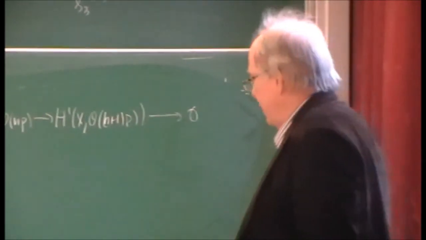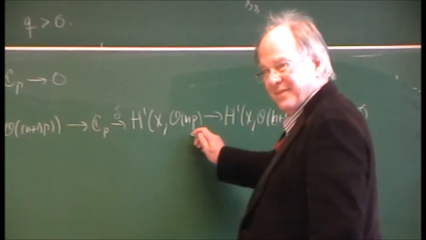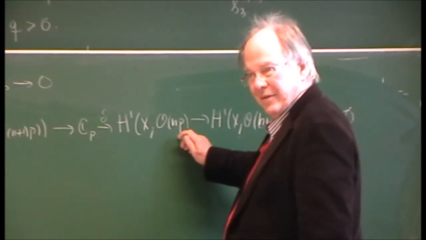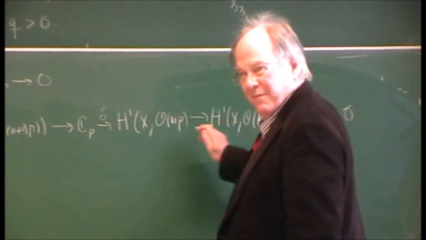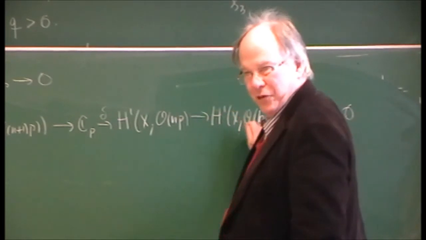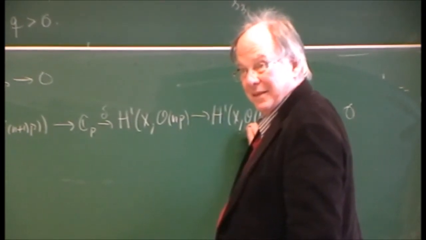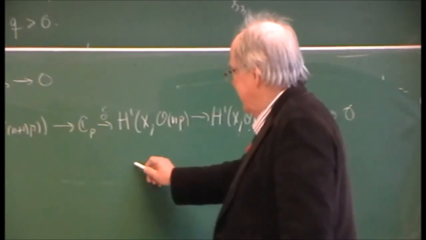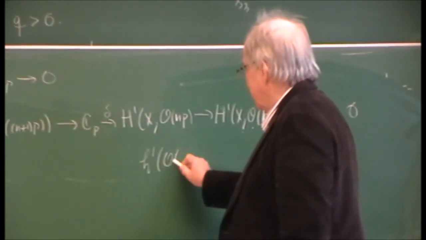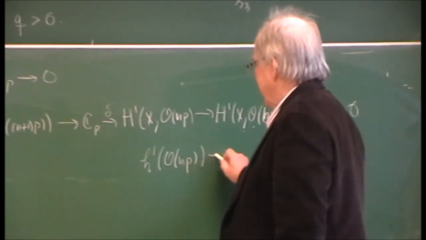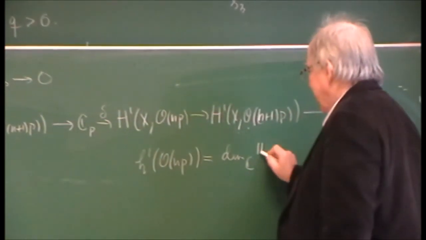Okay? Now, these spaces are finite dimensional. Yes? This is a surjective map. That means the dimension of this space is bigger than or equal to the dimension of this space. Right? That means as n varies, this dimension, which I defined, is just the dimension here. This dimension is a very interesting invariant.